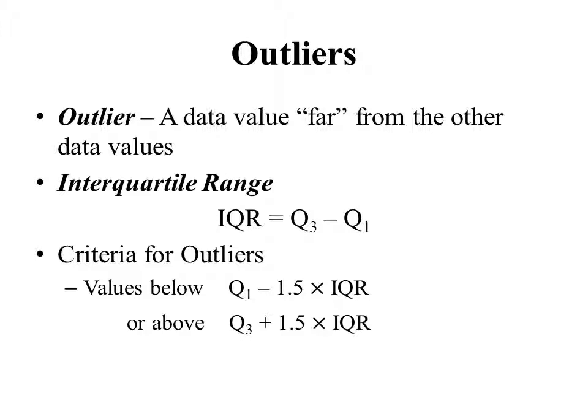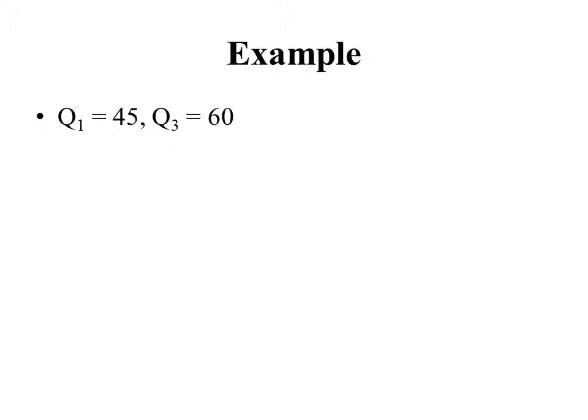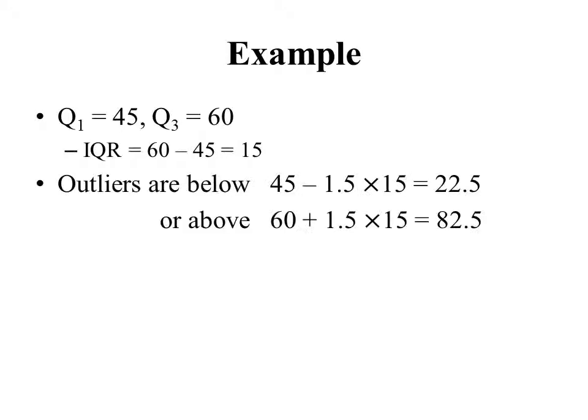One definition of outliers is that outliers are any value that is below the first quartile minus 1.5 times the interquartile range, or a number that is above the third quartile plus 1.5 times the interquartile range. As an example, suppose we have a set of data with a first quartile of 45 and a third quartile of 60. So the interquartile range is simply 60 minus 45, which is 15.